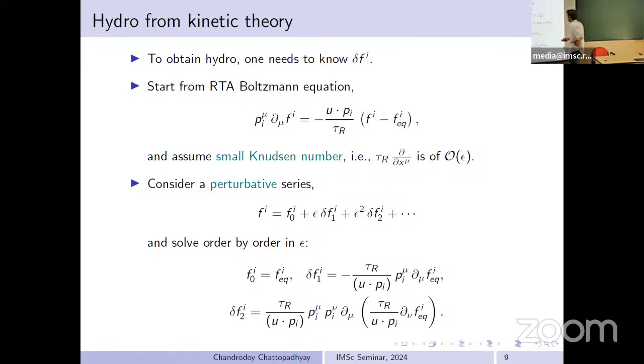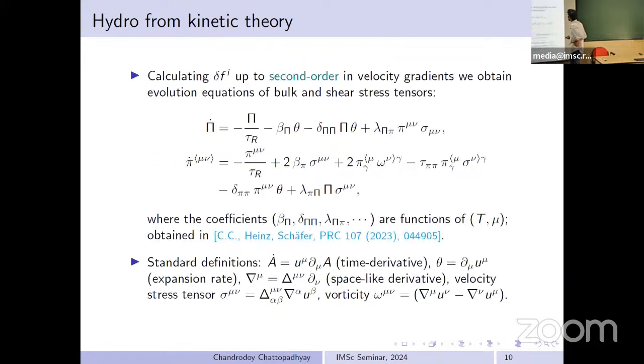So assume a perturbative series, plug it in, and obtain order by order solutions of this RTA-Boltzmann equation. The 0th order has no gradients, first order has 1 power of gradient, second has 2, and so on. Once we do this, we can compute the deviation of the distribution function from equilibrium and integrate out the momentum degrees of freedom and obtain hydrodynamic evolution equations for the non-equilibrium currents like the bulk viscous pressure or the shear stress tensor.